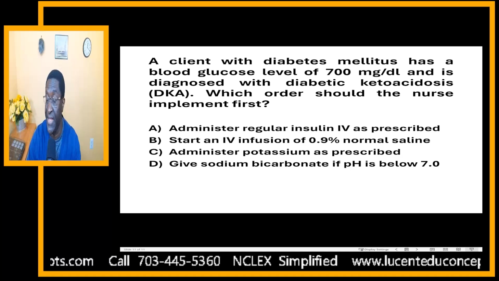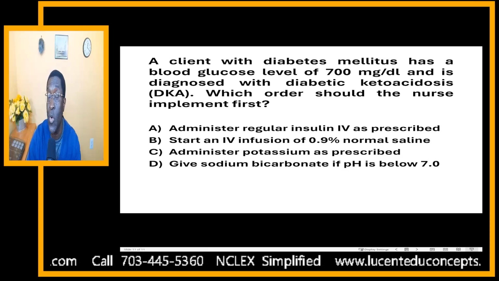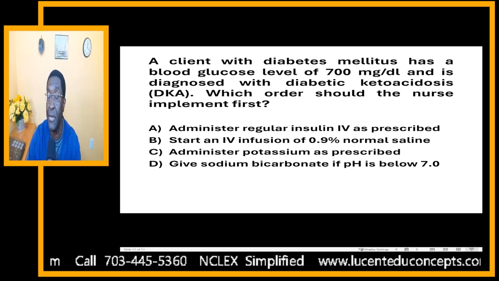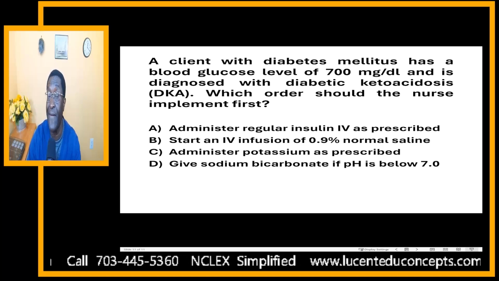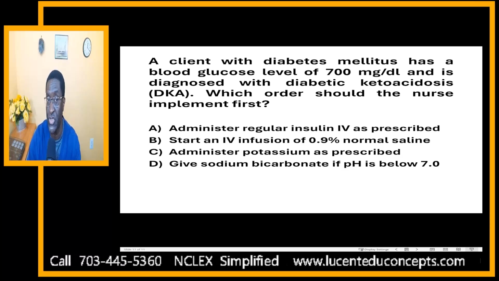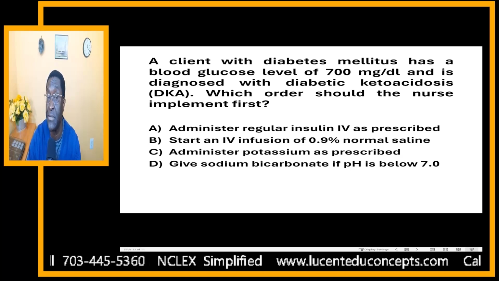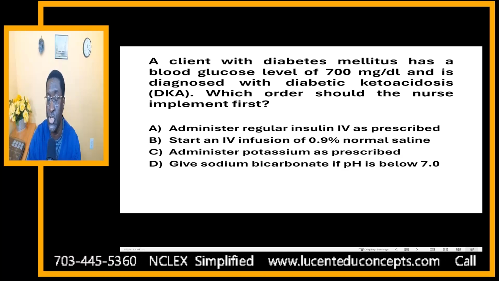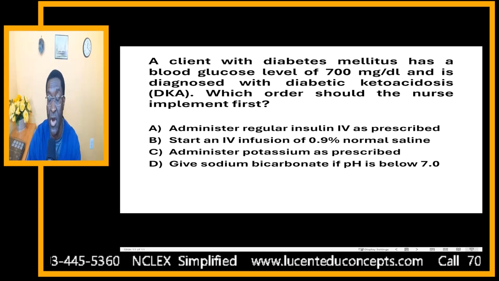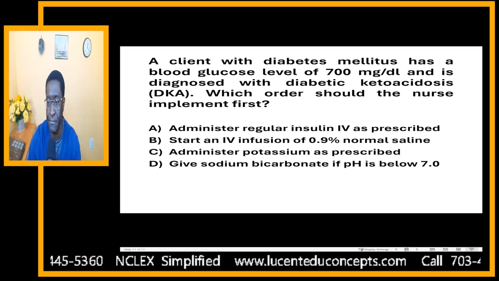In DKA, dehydration is a problem. We also have high levels of insulin being a problem. But the major issue is dehydration, which has to do with fluids. So the first thing you're going to do is apply Maslow's, and it's about fluid first. So your first tackle will be B: start an IV infusion of 0.9% normal saline. That is our first priority.